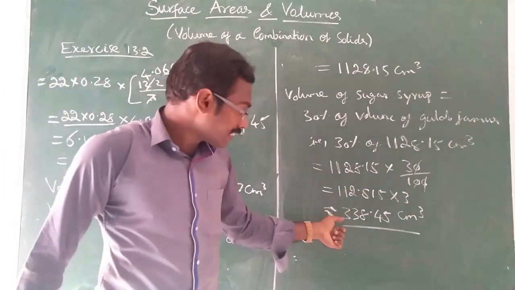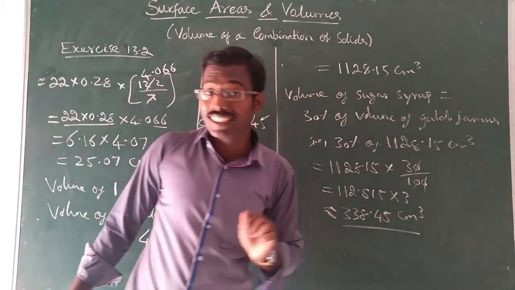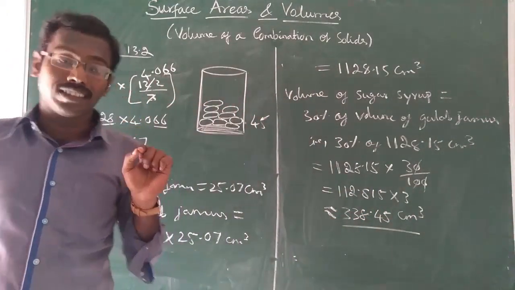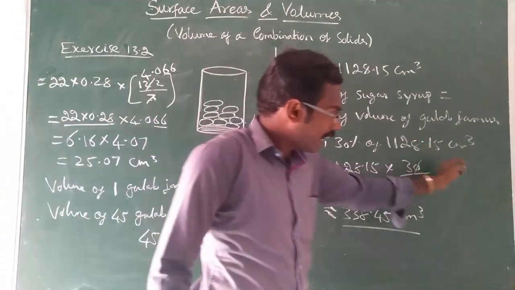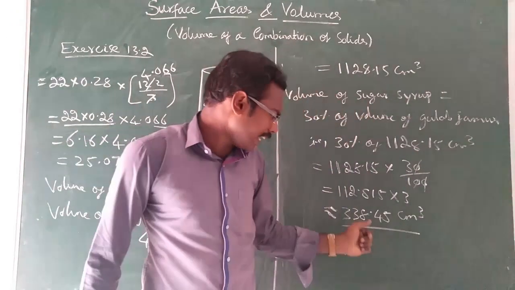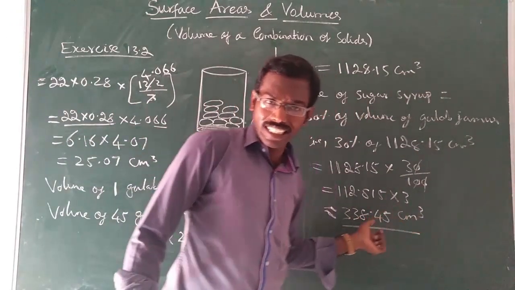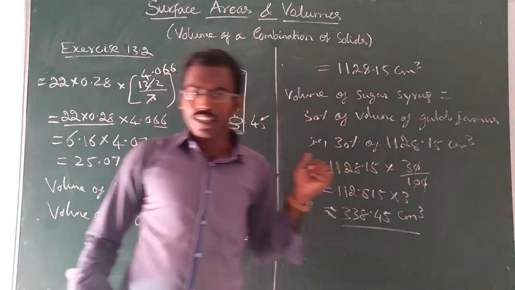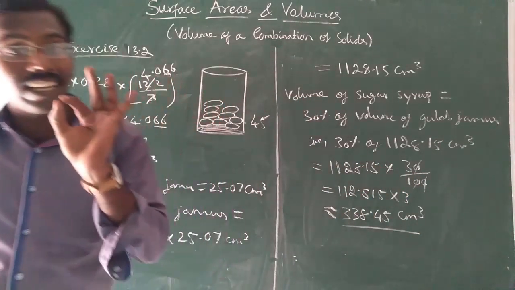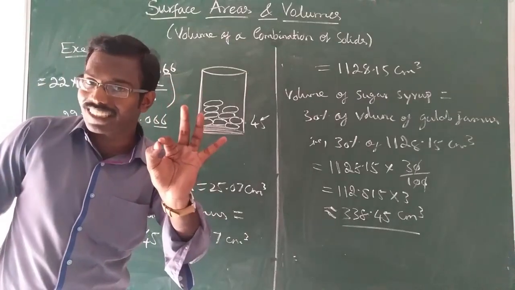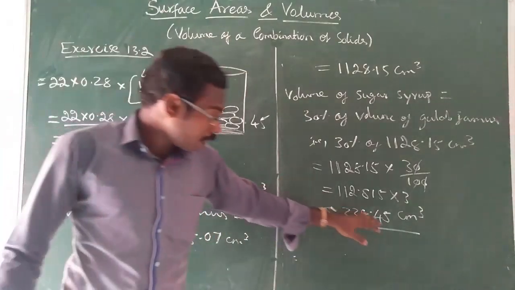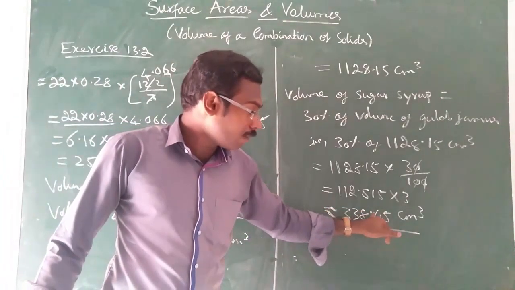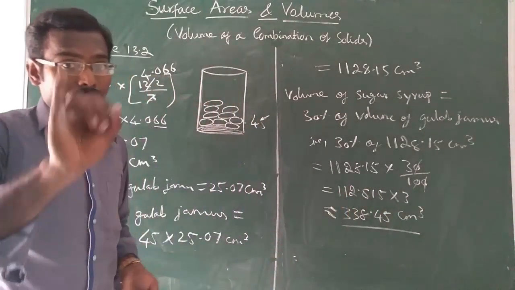Okay, so the answer is 338.45. Again I say I am doing some rounding, so you may get an answer slightly different, like 338.4 or 338.5. Don't worry about that. This is because in the question they asked for an approximate answer. So my answer is 338.4.